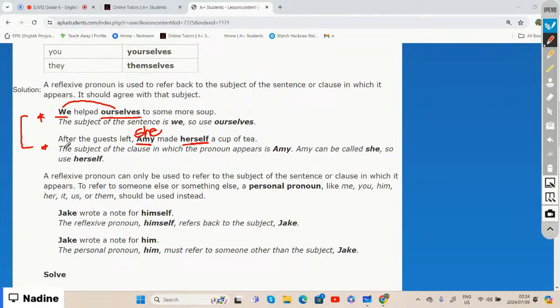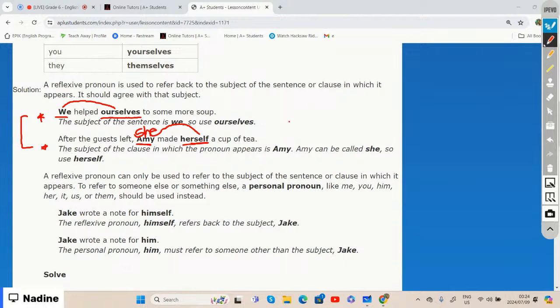So we can say, after the guests left, she made herself a cup of tea, right? Herself refers back to she, or refers back to Amy, who is doing something. So Amy made herself a cup of tea. Nobody made it for her. She made it for herself.